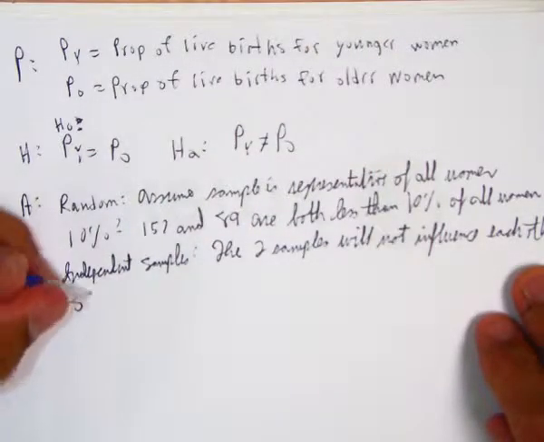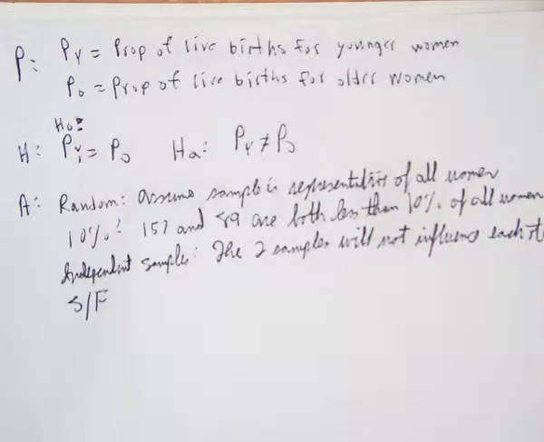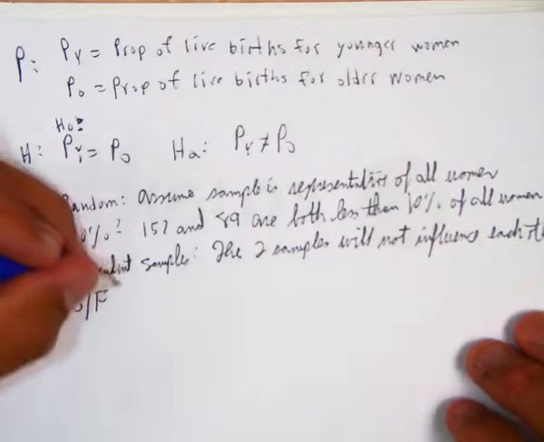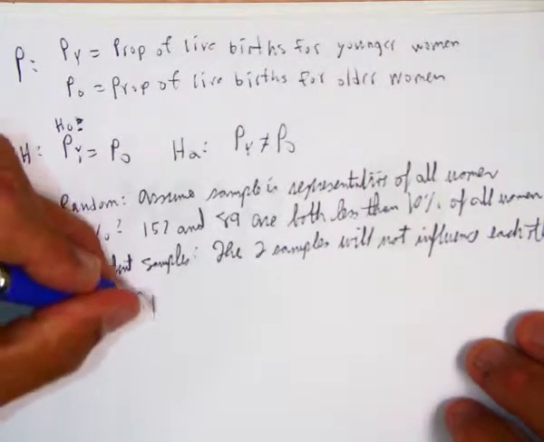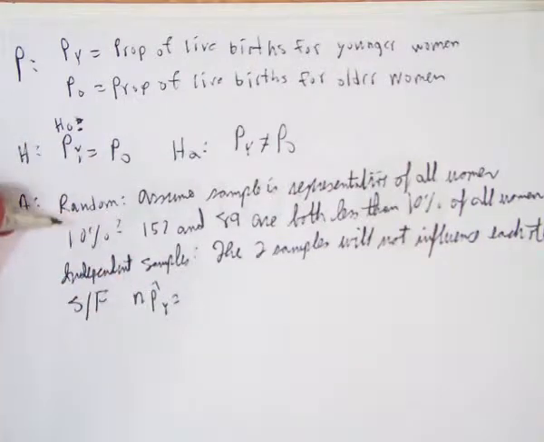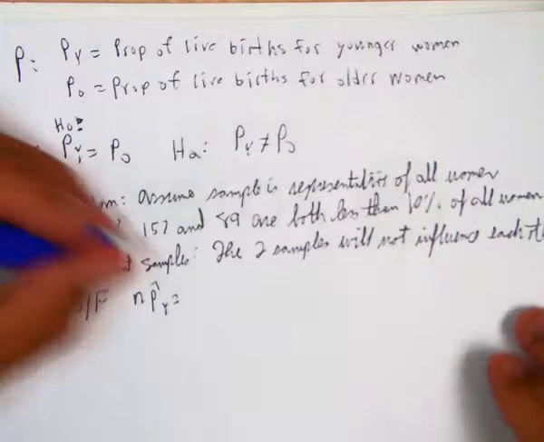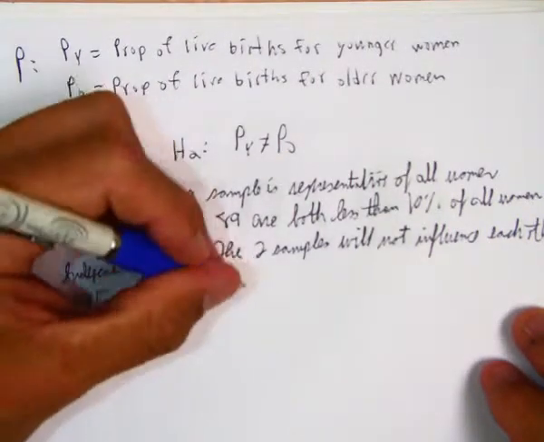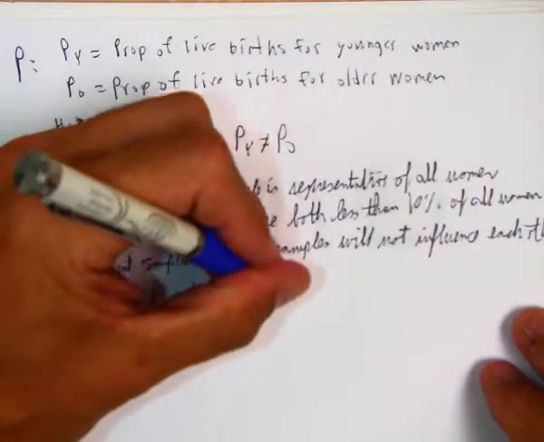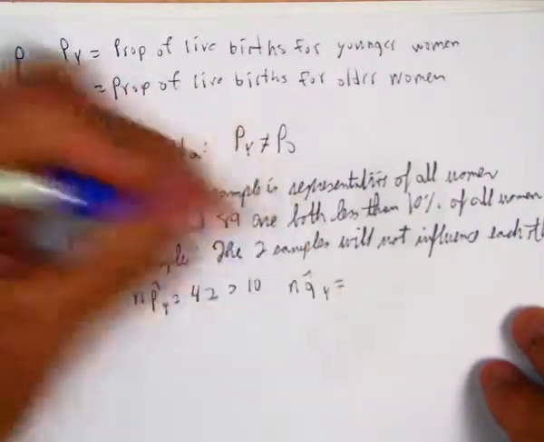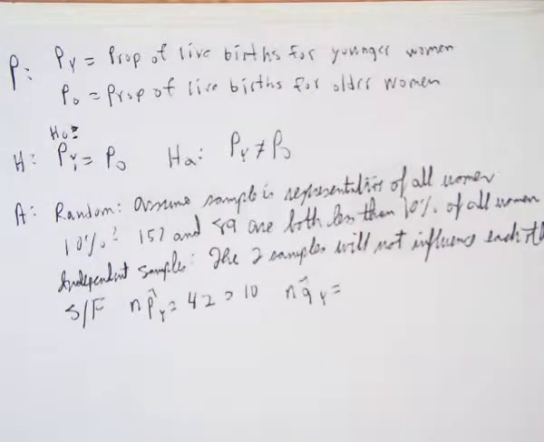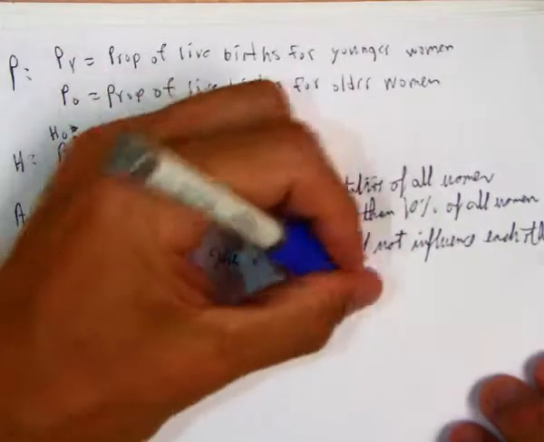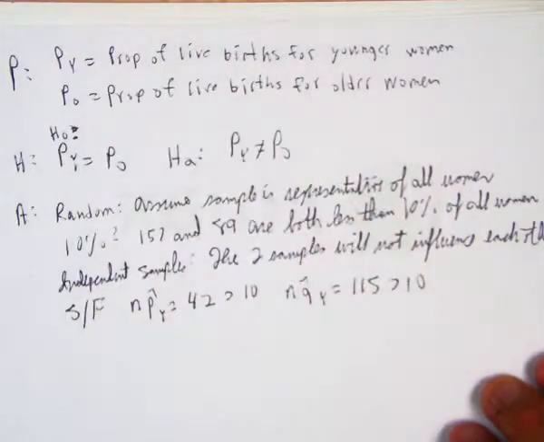Okay, and then the success/failure condition. Let's see. n p-hat for younger women, 42 live births, so that's greater than 10. And then n q-hat of Y, so that sample was 157. So 157 minus 42 is 115, and that's also greater than 10.